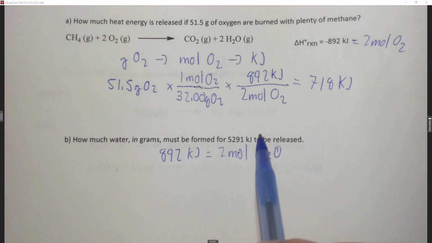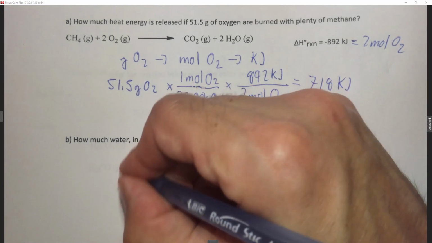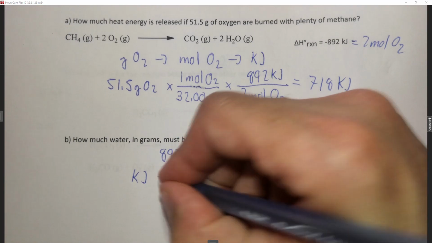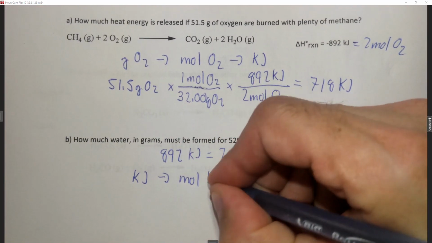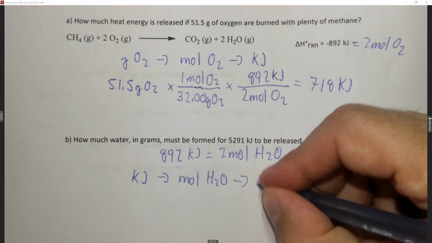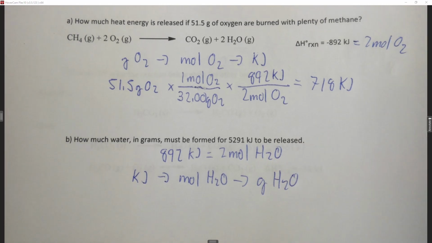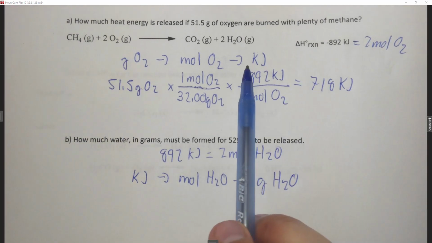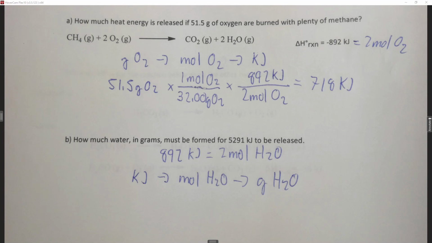Now, let's do our plan of attack. In this case, we're starting with kilojoules. We want to convert that to moles of water, and then to grams of water. So it's exactly the opposite of what we did before, so we're doing the question in both directions.